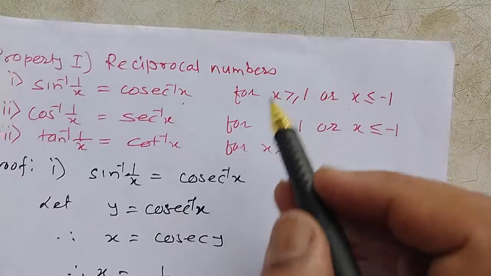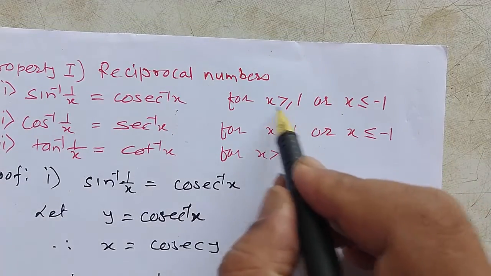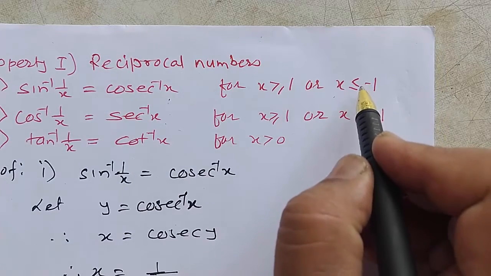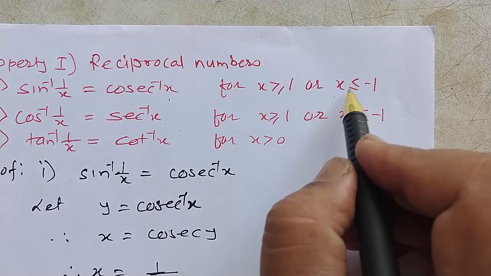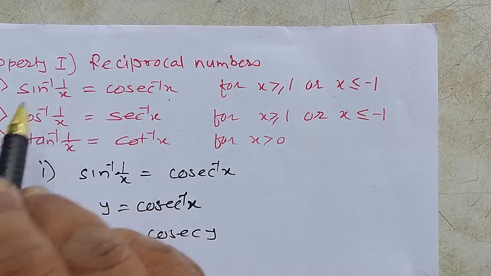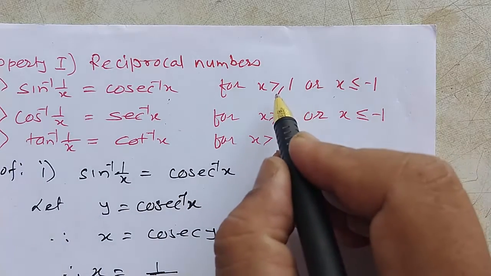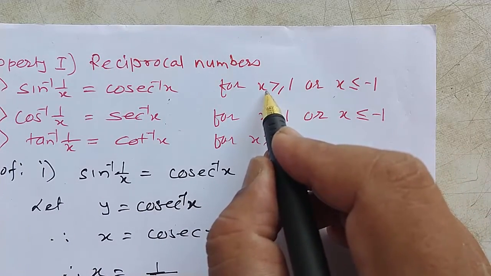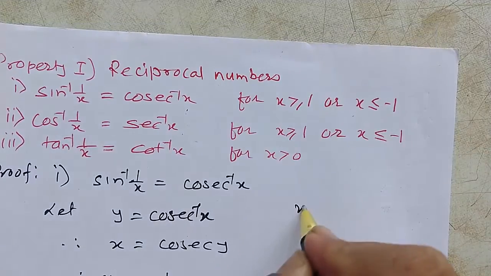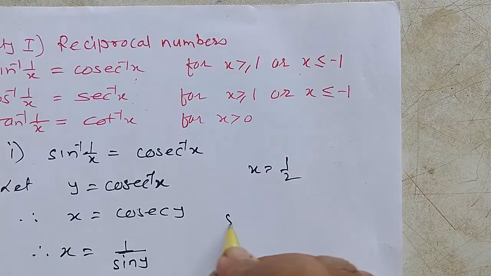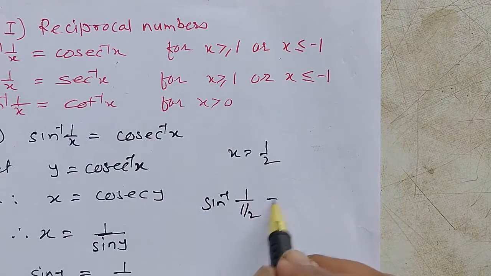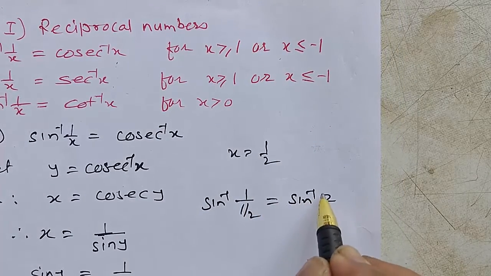Now, can you justify the restriction on x? x is greater than or equal to 1 and x is less than or equal to minus 1. Can you guess why such a restriction is made in defining the reciprocal properties of inverse trigonometry functions? Suppose we take x less than 1, that is 1/2. When x becomes 1/2, then sine inverse of 1 upon 1 by 2 becomes sine inverse of 2.